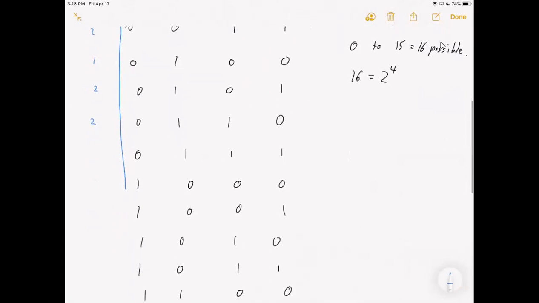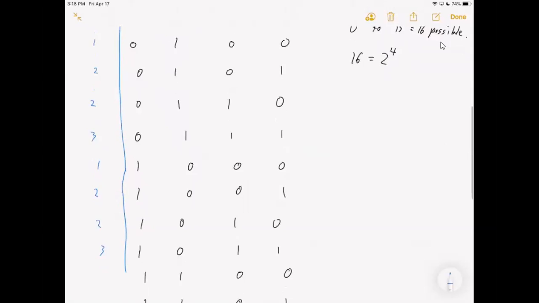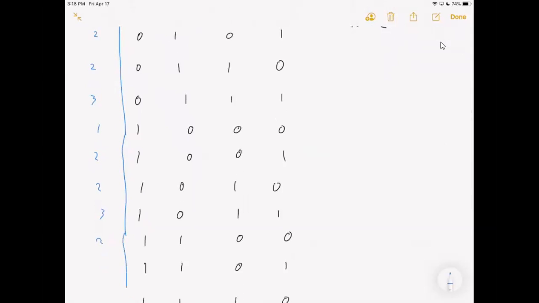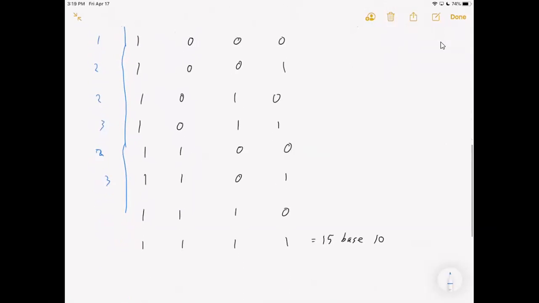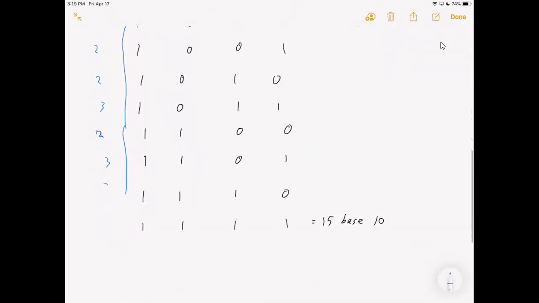Now we're starting to see the 3s, although this goes back to just having 1, 2, 2, 3, back to 2, 3, and 3 again. And then this has all 4 things. There's only one way to get all 4.